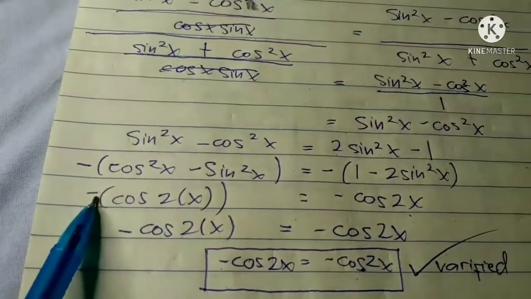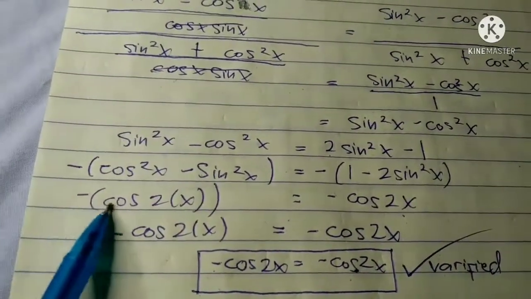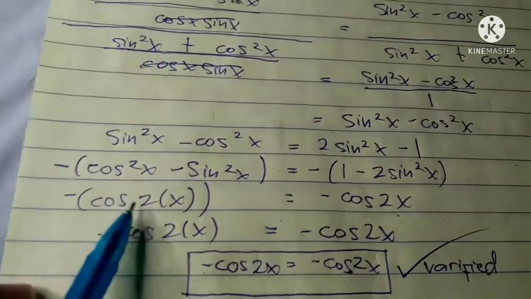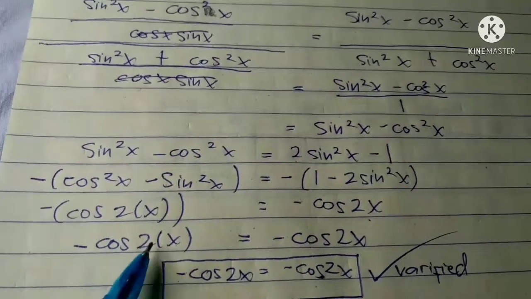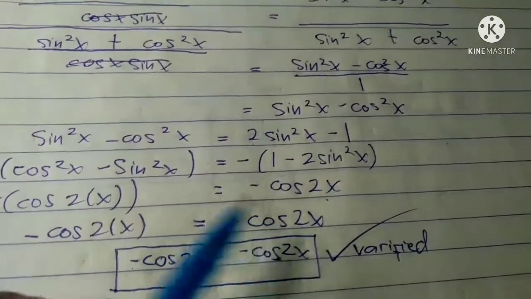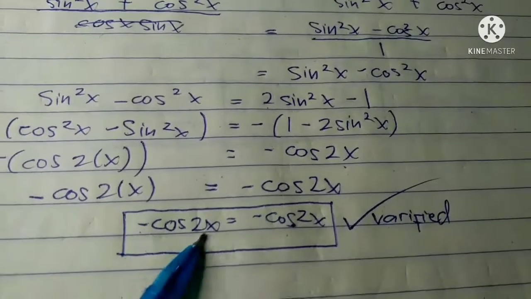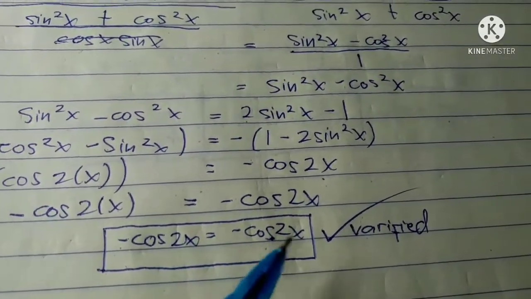So we will have now here negative cosine 2x, so we have here negative cosine 2x equals to negative cosine 2x, so negative cosine 2x is equal to negative cosine 2x.